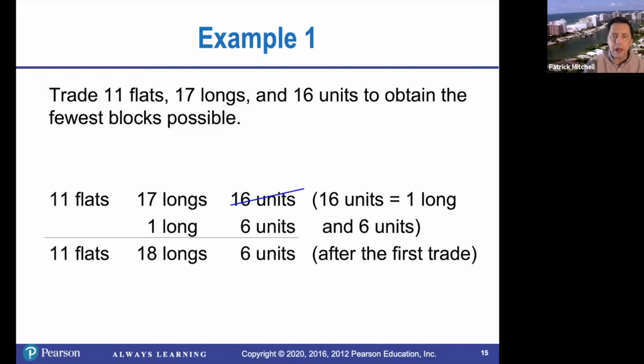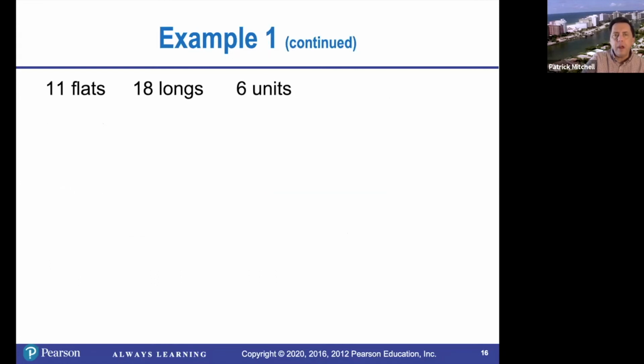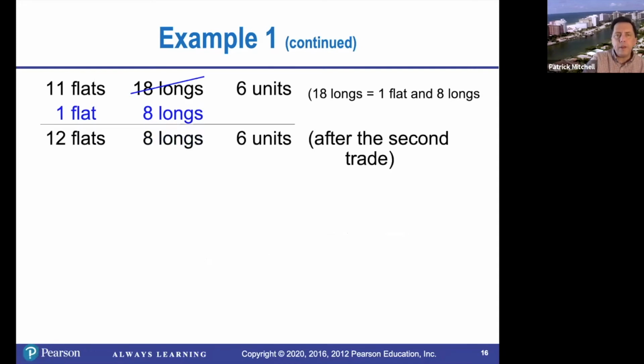So that's fewer blocks than we had to start with, but we can do better than that. Now we can take some of these longs and trade them in for a flat. So we take our 11 flats, 18 longs, and 6 units. We're going to take 10 of the longs and trade them in for 1 flat. So 18 longs becomes 1 flat and 8 longs. That leaves us with 12 flats, 8 longs, and 6 units.